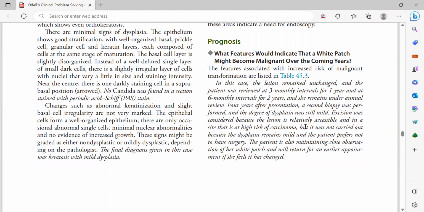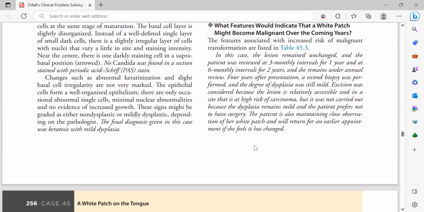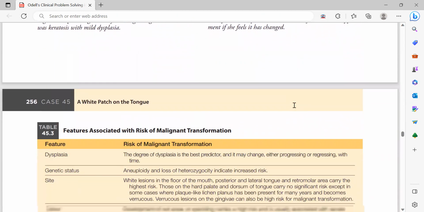Excision was considered because the lesion is relatively accessible and is at a site of high risk of carcinoma, but it was not carried out because the dysplasia remains mild and the patient did not want surgery. So the patient's decision is the last decision, right? If she does not want to have any surgery, then no surgery, but we will recall her regularly to measure the degree of dysplasia.